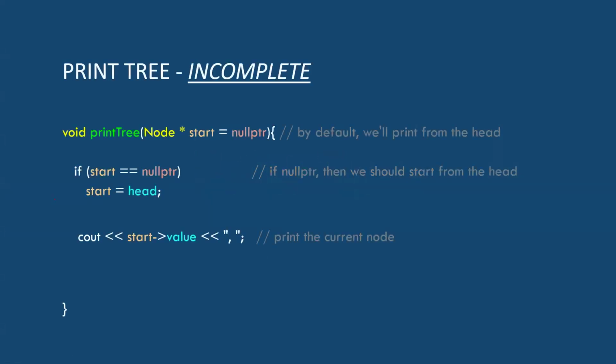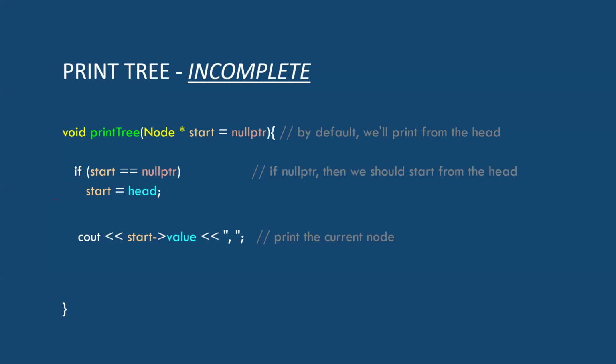Now, let's take a look at the print tree function because this is really the whole point of the lecture here today. So if start is null, well, then just make it the head because that's what we want to print, okay? But otherwise, we are in a recursive call.